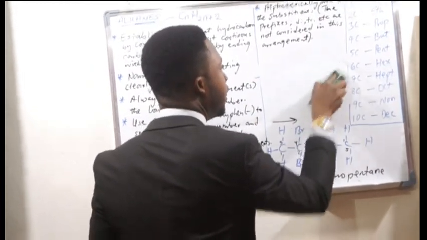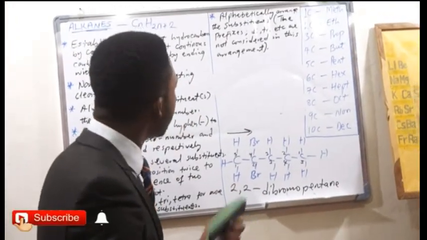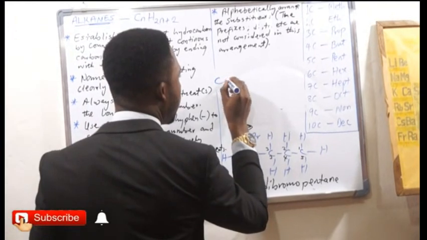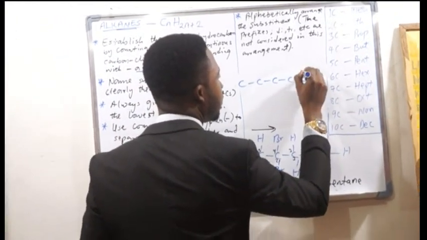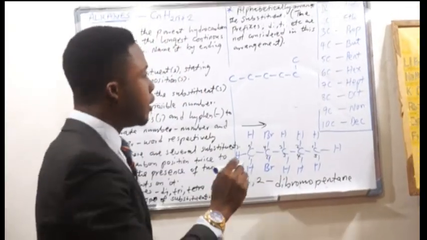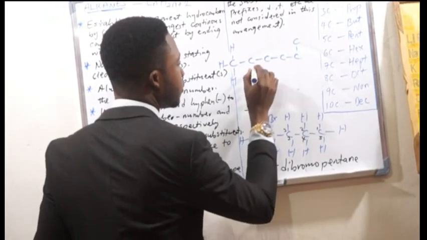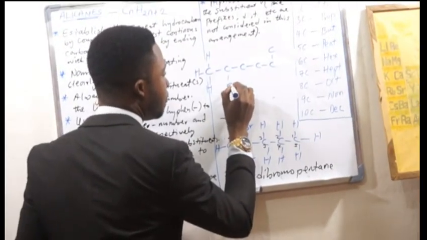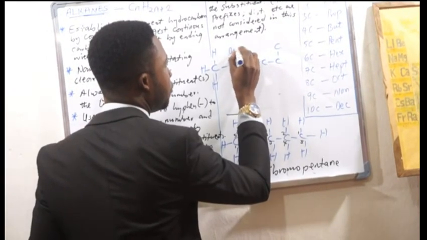Now, let's go away from the 5 carbon chain. For example, we have 1, 2, 3, 4, 5, and we fill in our hydrogens. Now here we have our bromine. Here we have bromine.